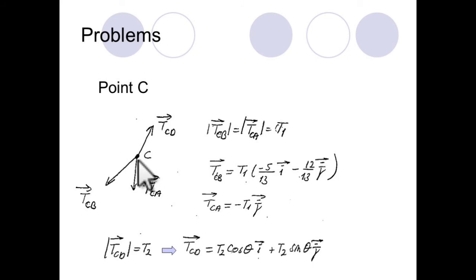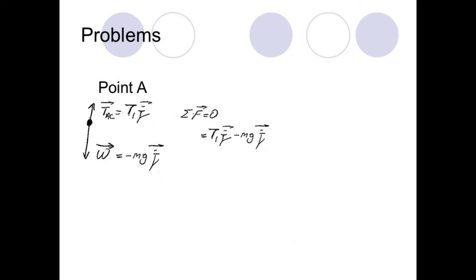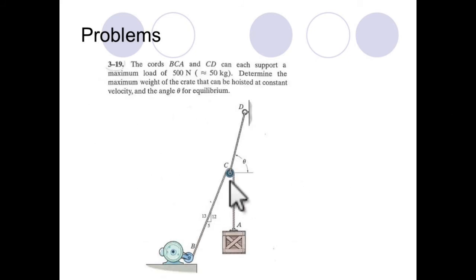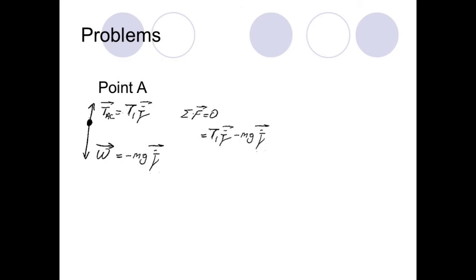Next is point C. At point C we have a pulley, and this cord coming from point A turns around it and goes to point B. So certainly the tension in the cord AC has to be equal to the tension in the cord BC. This is one thing that we need to know, and we call it T1.